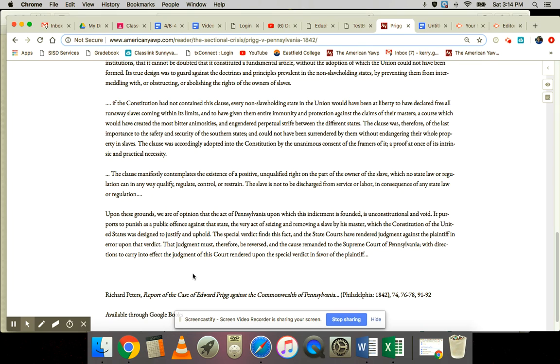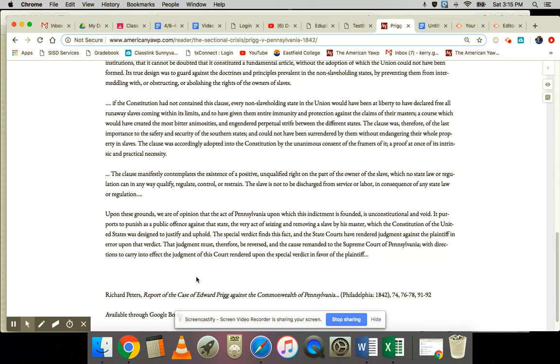Pennsylvania had a ruling that said they didn't have to return former slaves. And so the issue here is, if they don't have to return former slaves, then that means the fugitive slave law that's passed. And notice this is 1842.